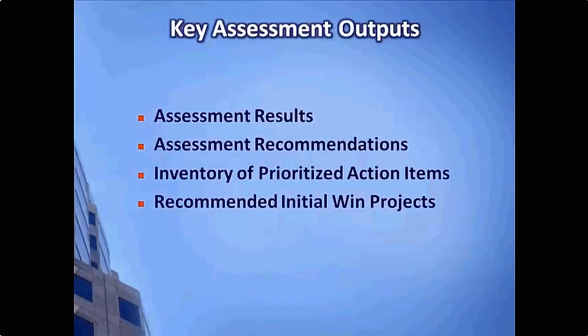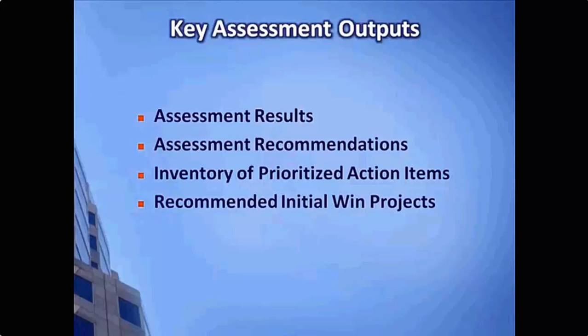Again, a review here of our key assessment outputs, producing assessment results, recommendations, and our inventory of prioritized action items, and then initial win projects. The assessment results outputs were really done earlier when we discussed assessing our processes, technologies, organization, and governance practices.